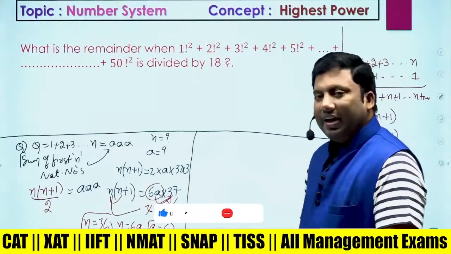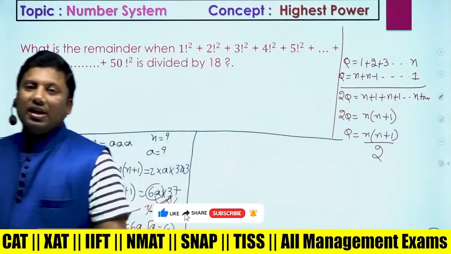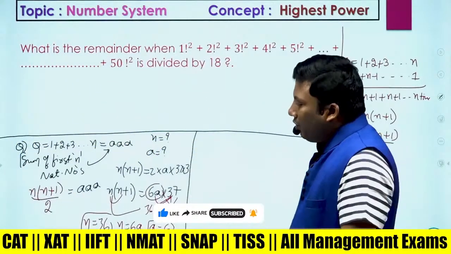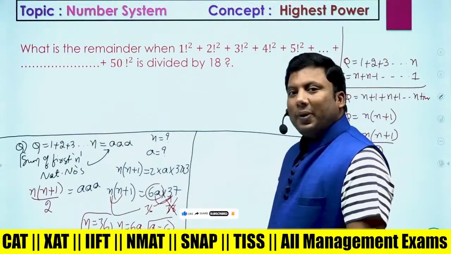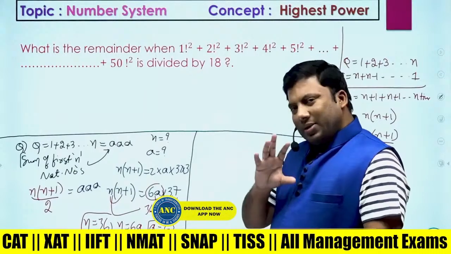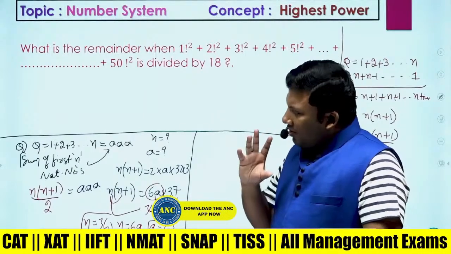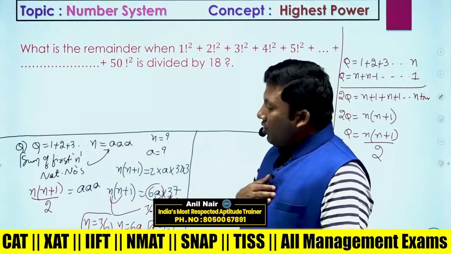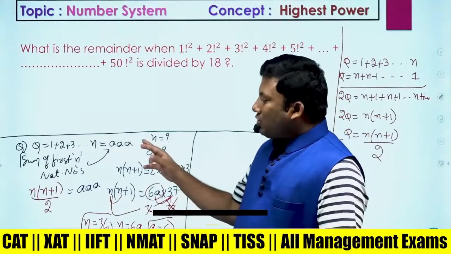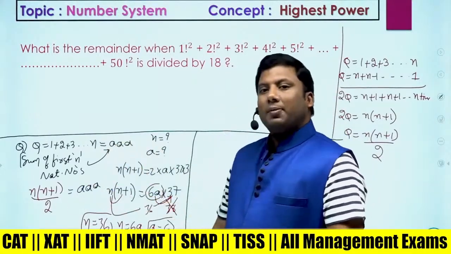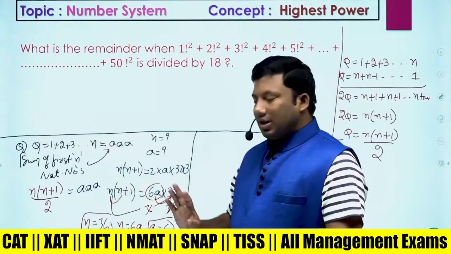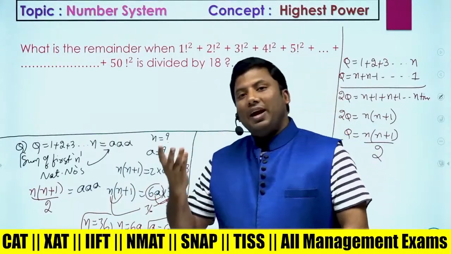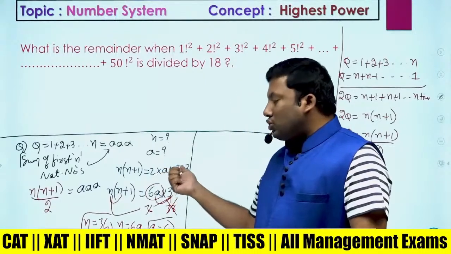I hope the idea is clear. Is it clear to you? Q equivalent to 1 plus 2 plus 3 and so on up to n. Seems like a cryptarithmetic question where we are decoding the variables into numerical values. N into n plus 1 by 2 is a triple A. Cross multiplication, 2 into triple A. Triple A can be written as A into triple 1.